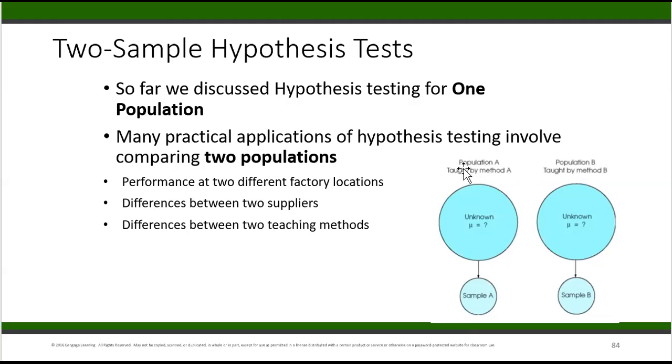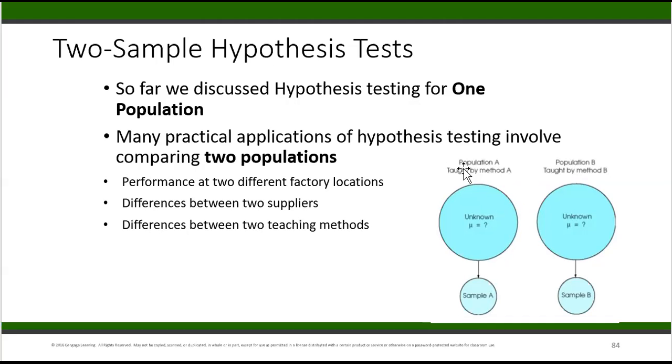For example, if we want to compare the average GPA of students at Cal State University versus the average GPA of students at the University of California, UC system.